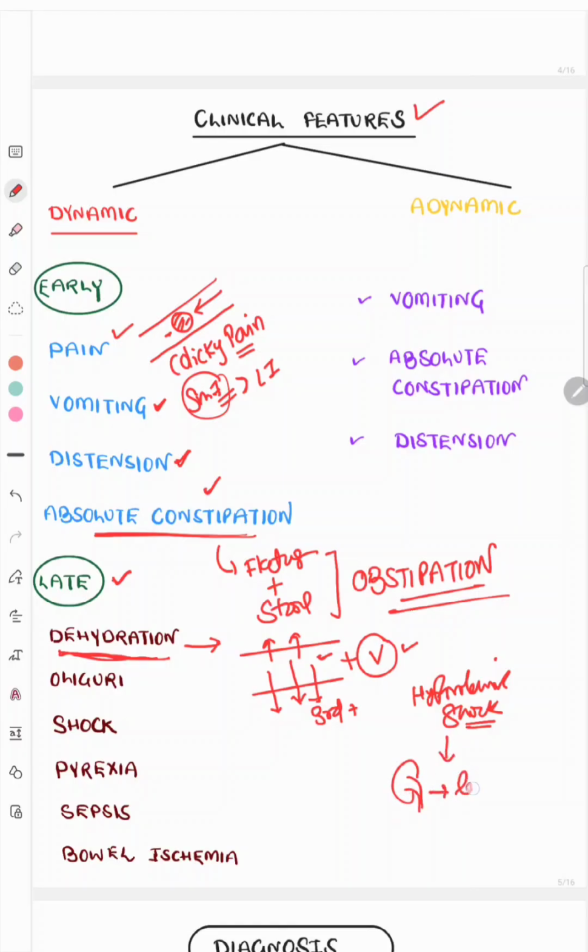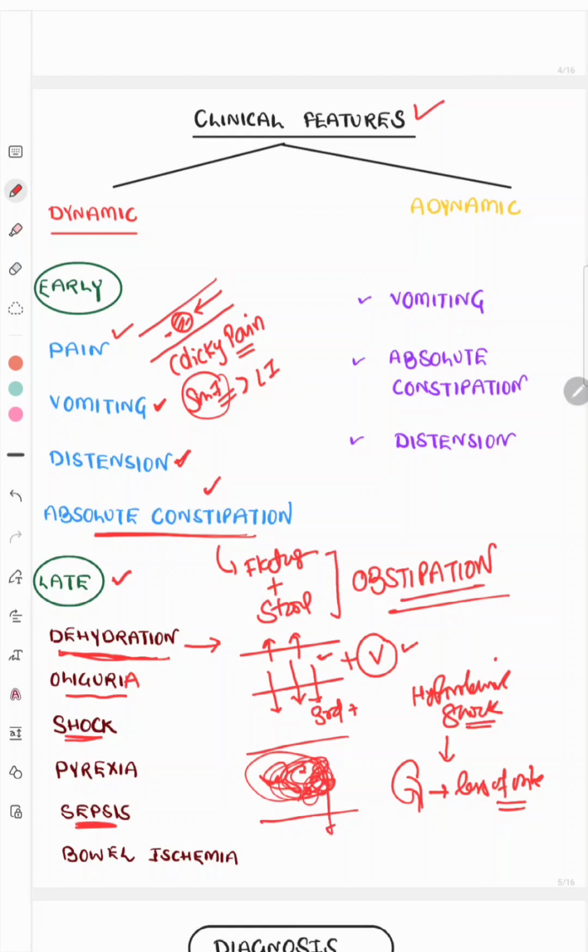So there is less formation of urine, which leads to oliguria, shock, and due to this vasodilation, bacteria grow more and more, causing septic shock to the patient.